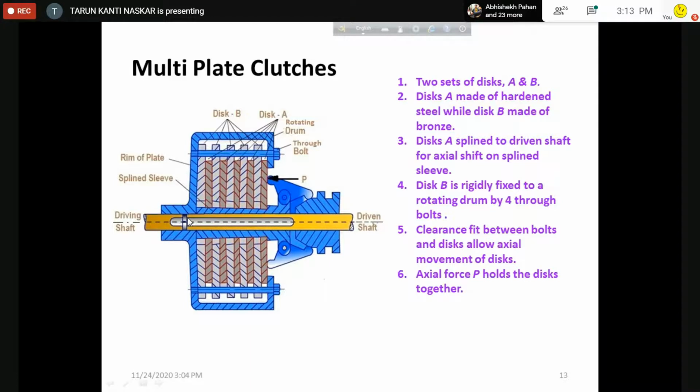On the driven shaft, these smaller discs are attached, and they are splined so that they can be shifted. There must be some arrangement for shifting. That arrangement is not shown here.